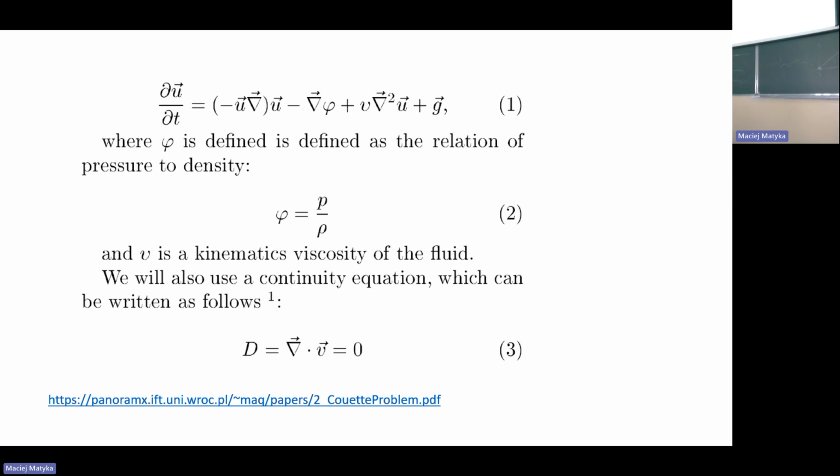Let's start with this. This is a gradient of a scalar field phi, which is the pressure divided by the density. Pressure is kind of a potential field.